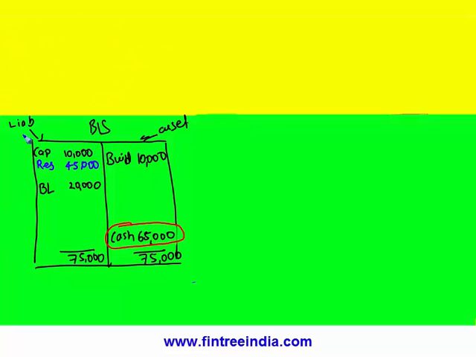Now in the second year of the same business, transaction number 1, the firm decided to purchase furniture of 30,000. Then it decided to repay the entire amount of bank loan.